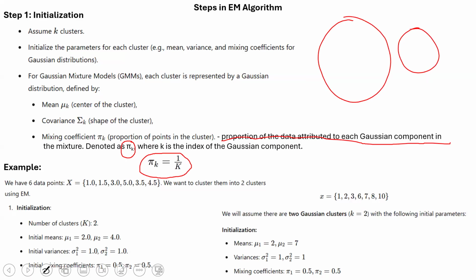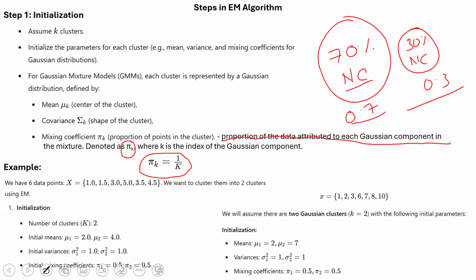The proportion could be 70% not affected, whereas 30% are affected. In that case, you are free to choose the pi k value. For cluster 1 you can choose pi k as 0.7, and for cluster 2 as 0.3. If you have good knowledge of the data, you can choose the mixing coefficient with the values that you think best fit. If not, in general, we go with 1 by k, that is equal distribution of points between clusters.